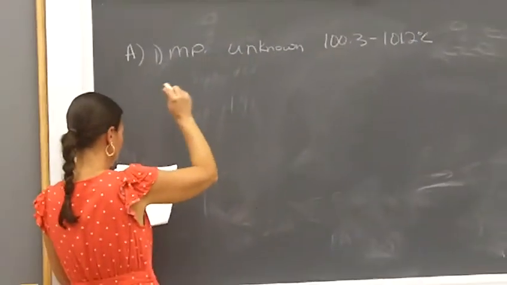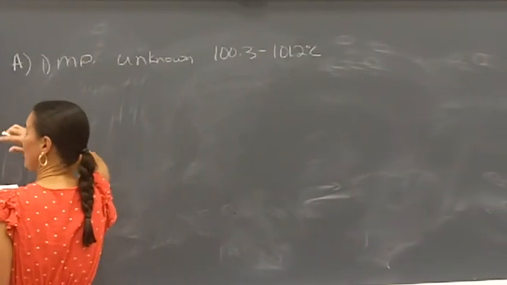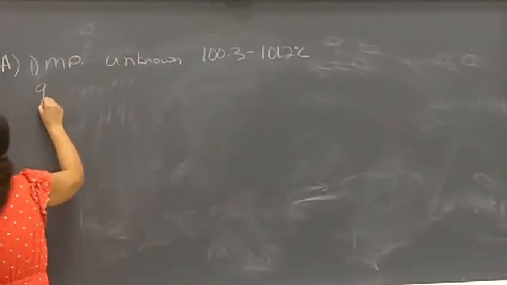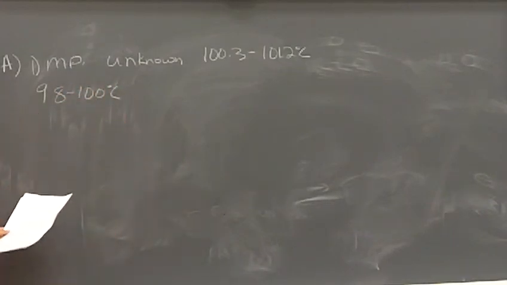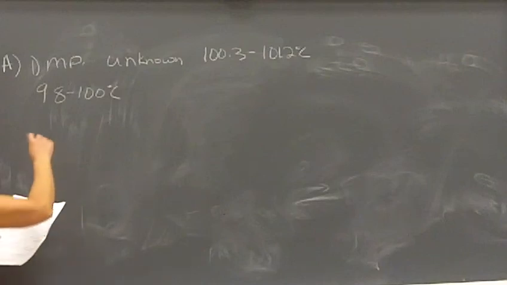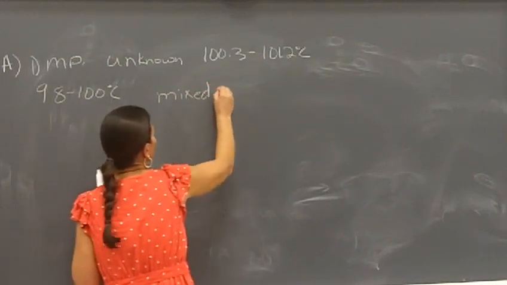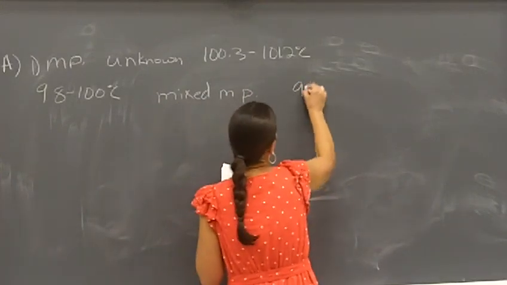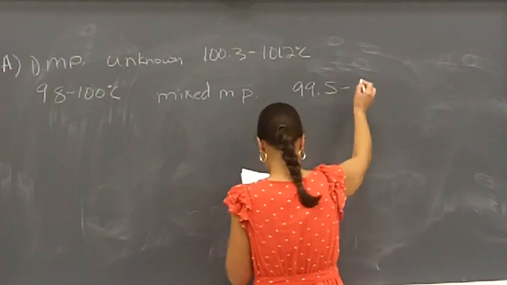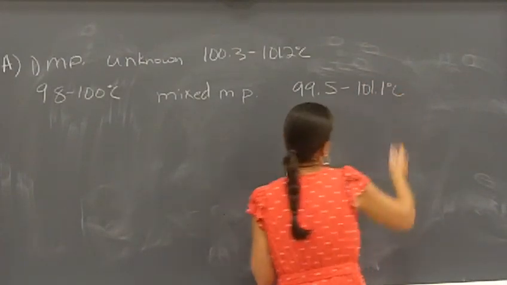And we decide, well, that looks pretty close to 2-methoxybenzoic acid, which its range, sorry, you can't see it up there really well, is 98 to 100 degrees Celsius. So you take the mixed melting point, and that is 99.5 to 101.1 degrees Celsius.